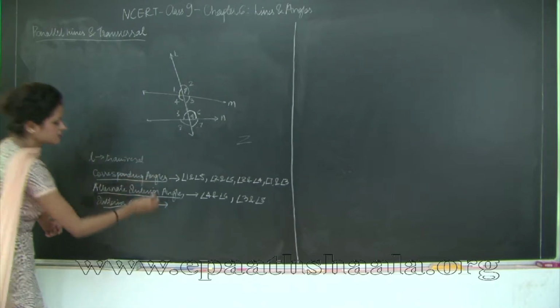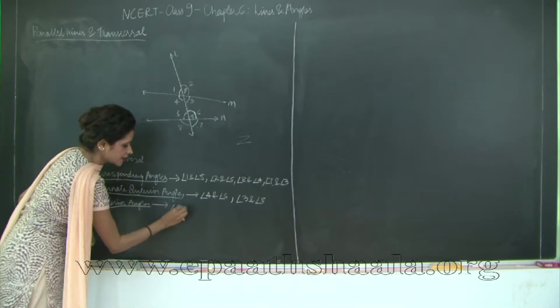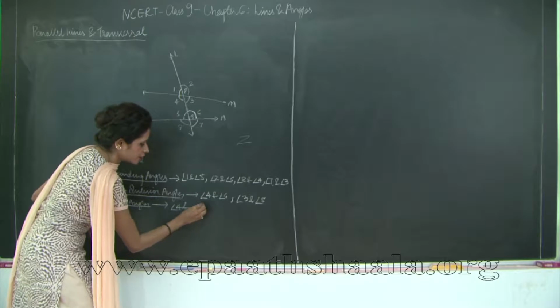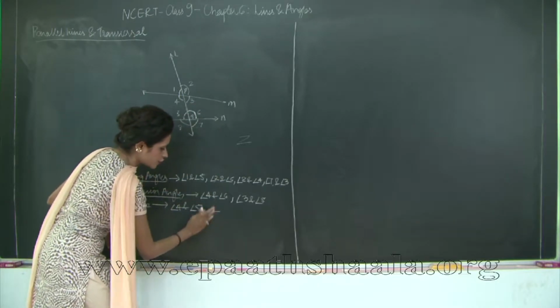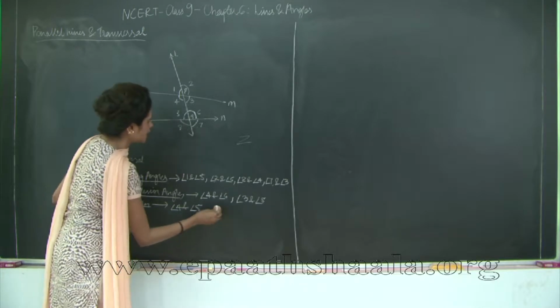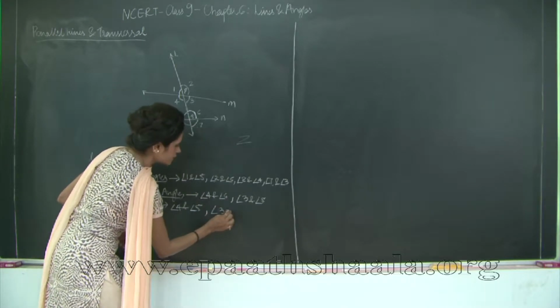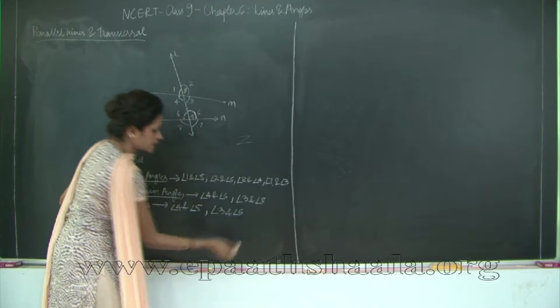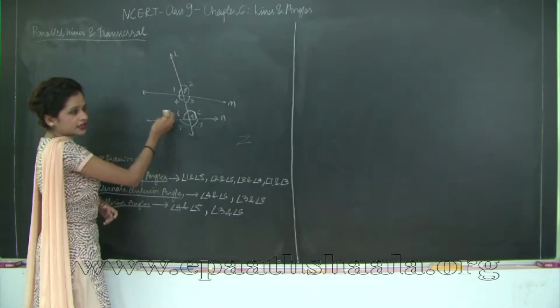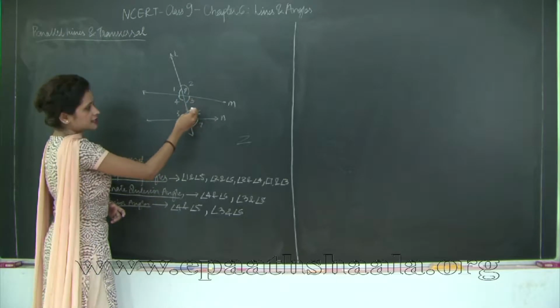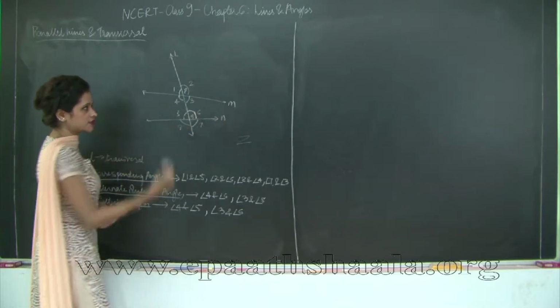What are my interior angles? 4 and 5. These are pairs, right? So 4 and 5 are a pair of, sorry, not alternate interior angles, just interior angles on the same side of the transversal. Correct? So these two are interior angles on one side of the transversal, and these two, that is 3 and 6, are interior angles on the other side of the transversal.